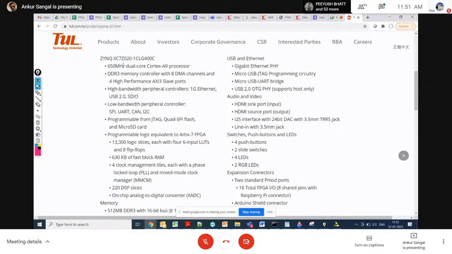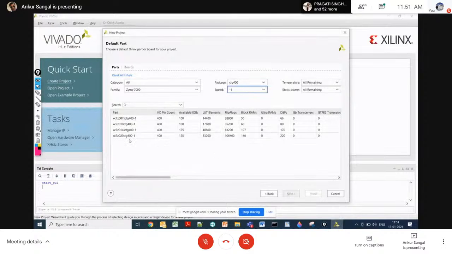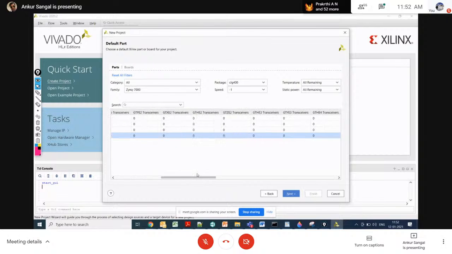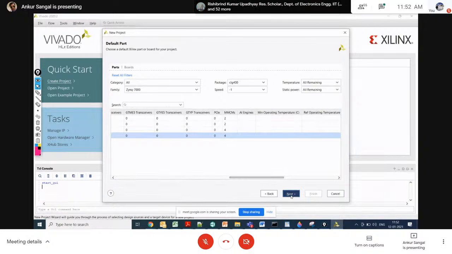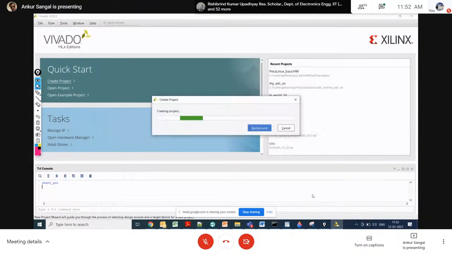So you can select this configuration. Now if you want to see how many resources are available, these are your IOB pins, LUTs, flip-flops. Each and every resource you can check for how much is available with your device. If you are talking about the clock manager, 4 are available. Now click on the next button, finish.